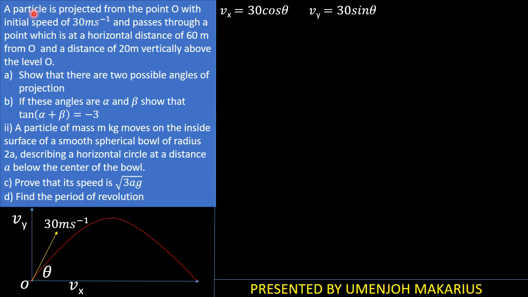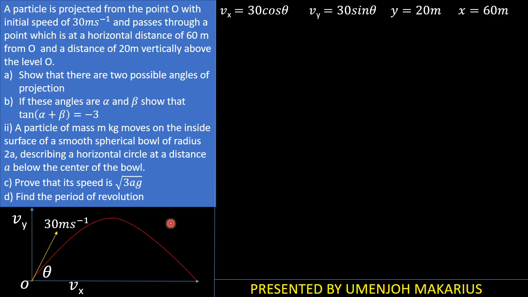And the question has said that it was projected to a point with a horizontal distance of 60 meters. So our y value has to be 20 meters, because it is vertically above O, which is 20 meters. Then our x value has to be 60 meters. Good. So friends, now I think we have everything it takes to solve the problem.